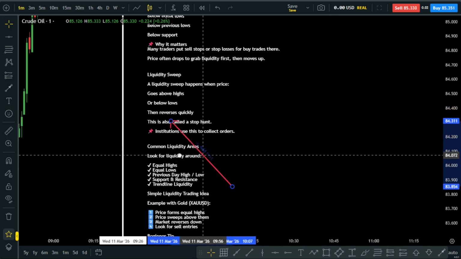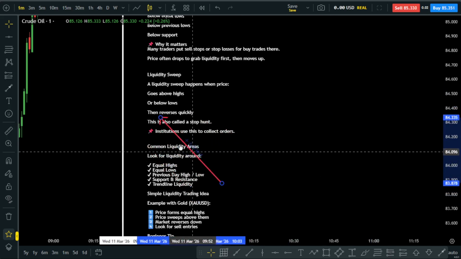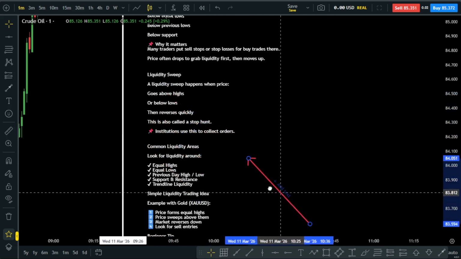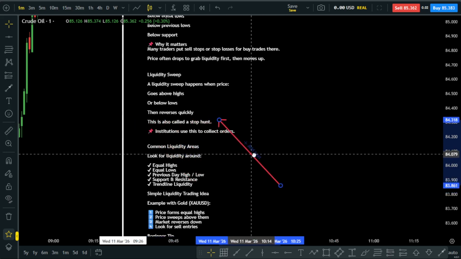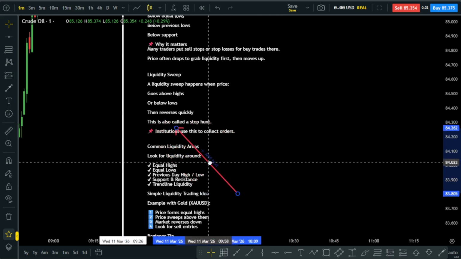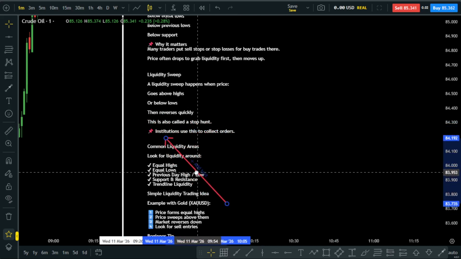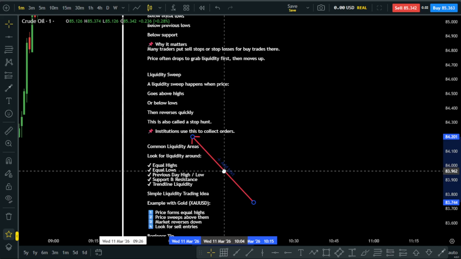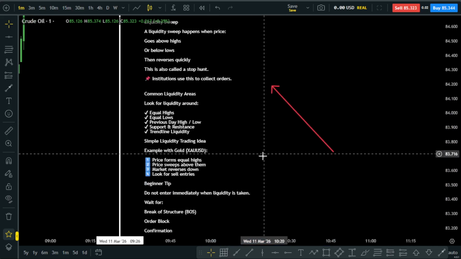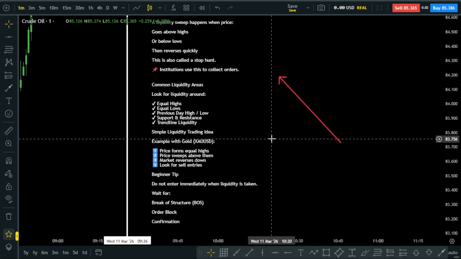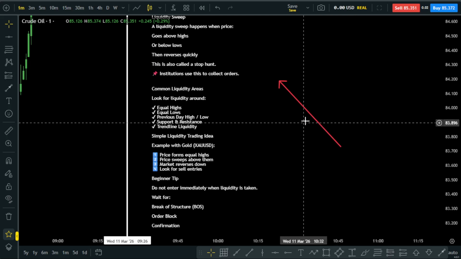That's what is known as liquidity sweep. Others call it stop hunt. Institutions use this to collect orders. So if you don't know the concepts of liquidity, I believe this is the best video for you.